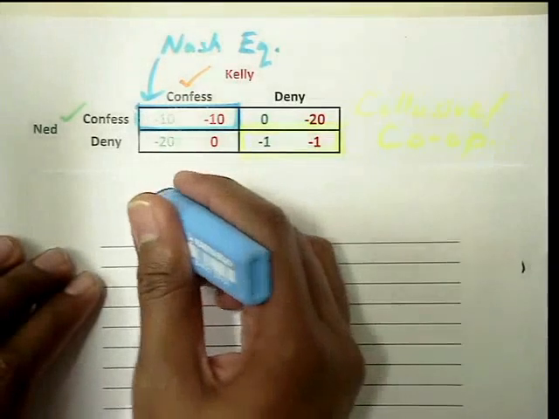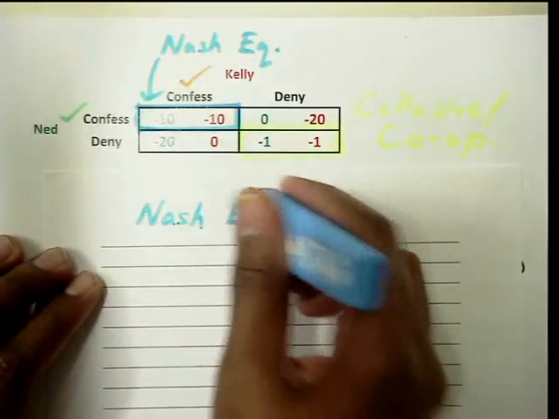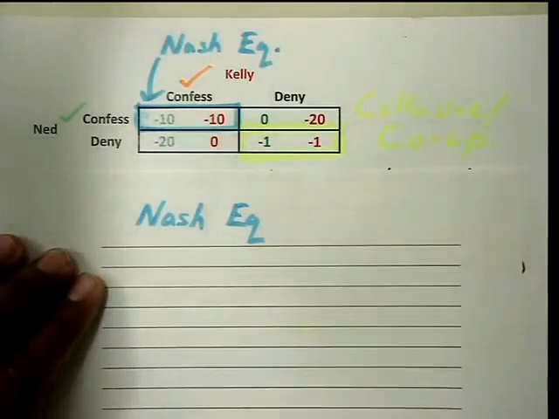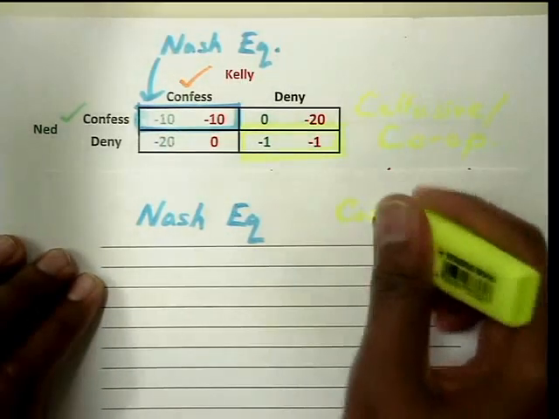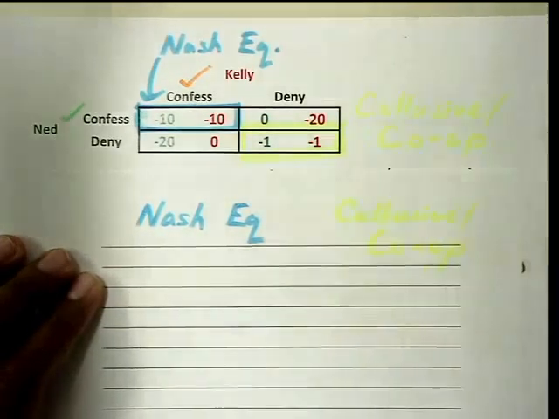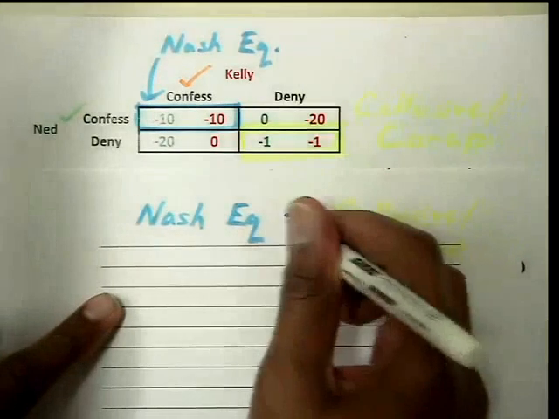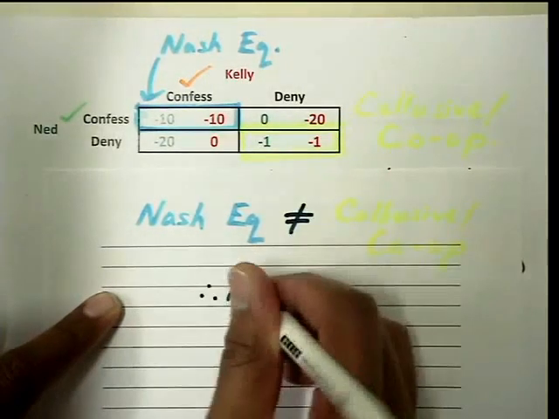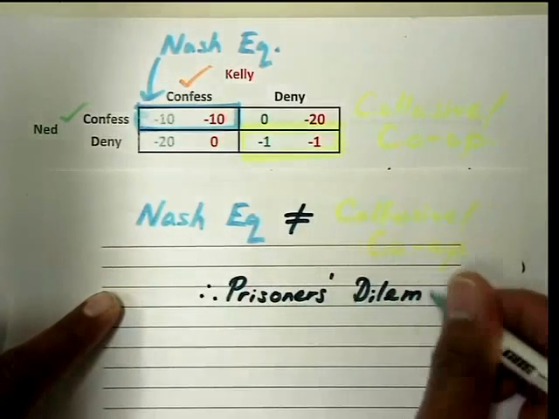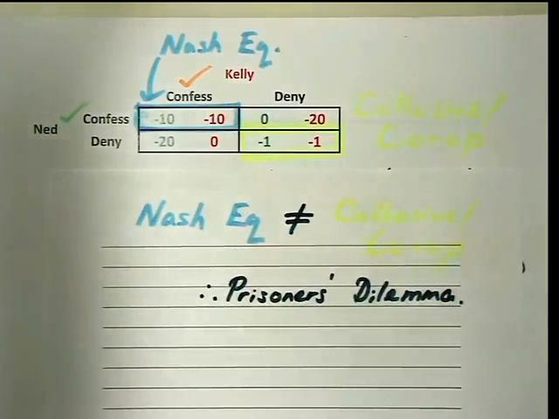In this situation, because the Nash equilibrium is different to the collusive outcome, we call it a prisoner's dilemma. The definition of a prisoner's dilemma is when the Nash and the collusive outcomes are different.